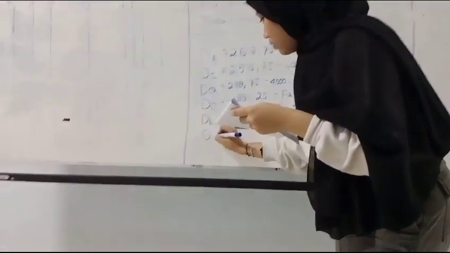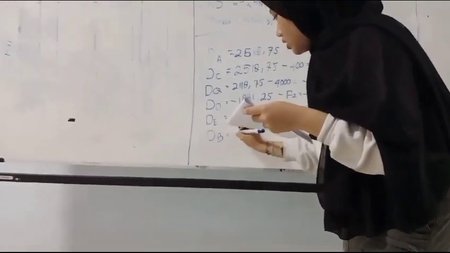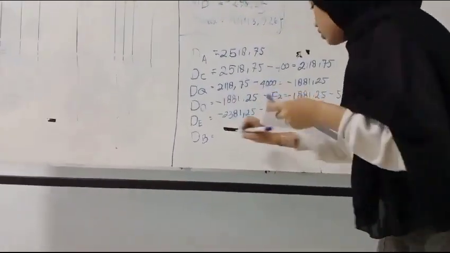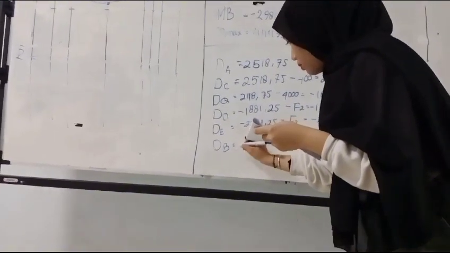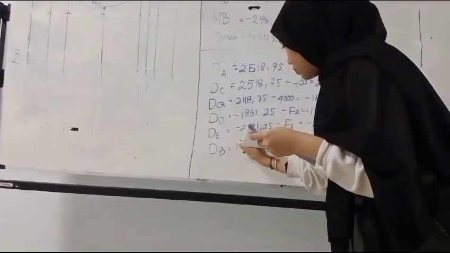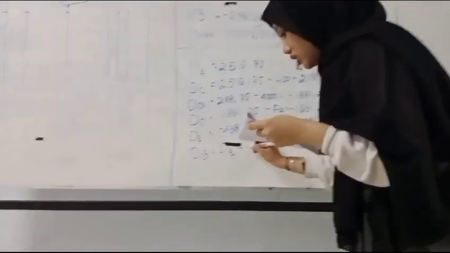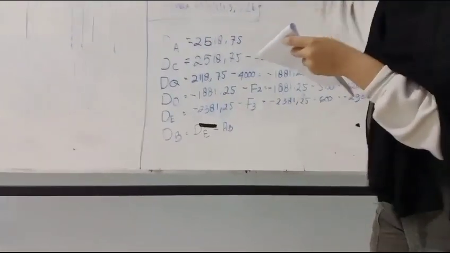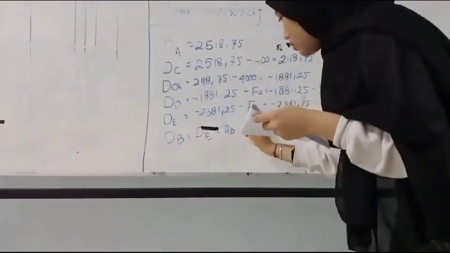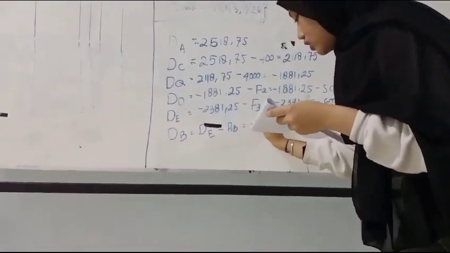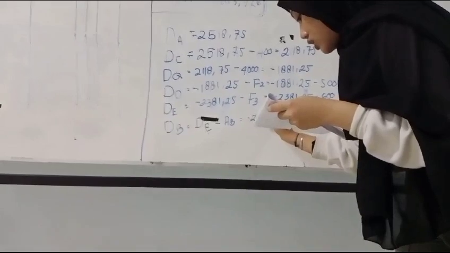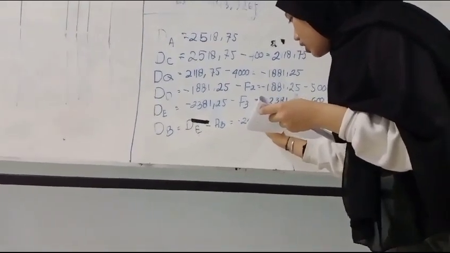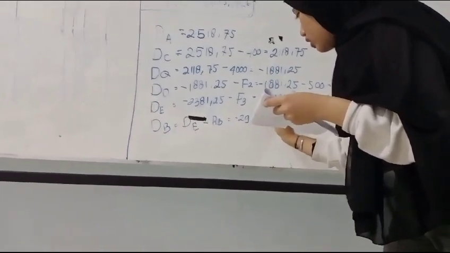Plus this point B. At point B, minus 2,981.25, minus the reaction RB in here.